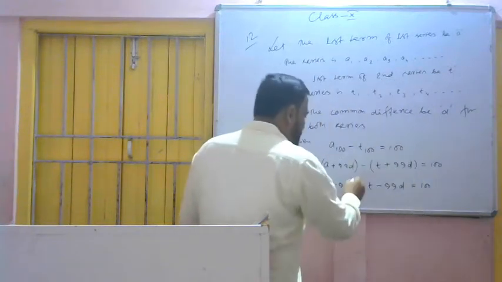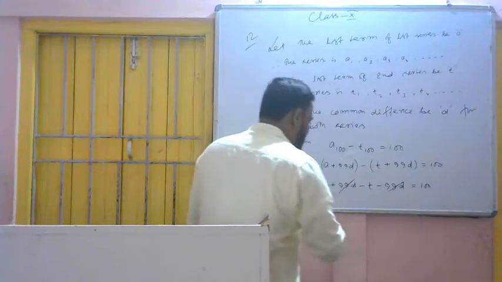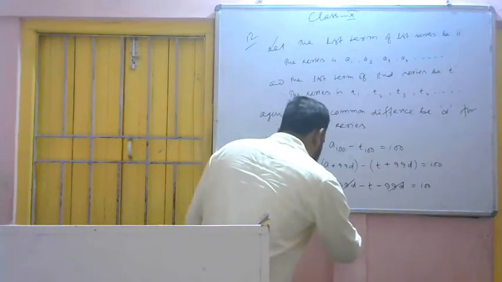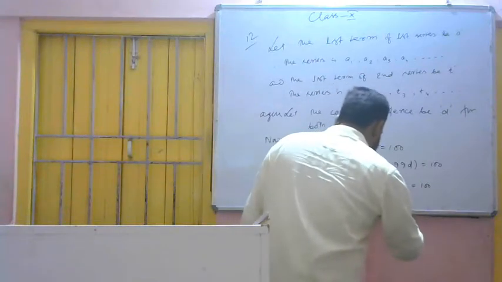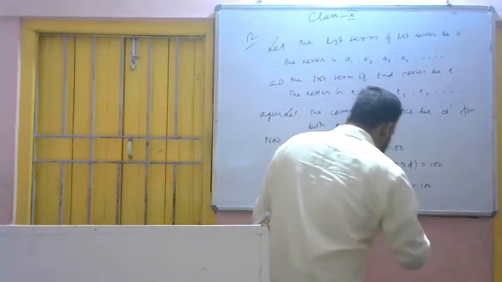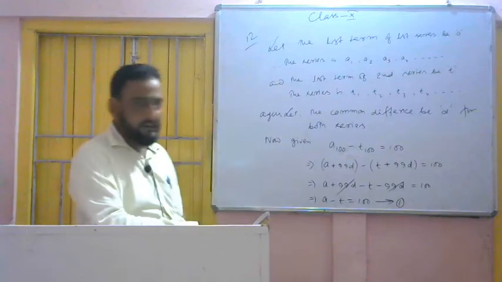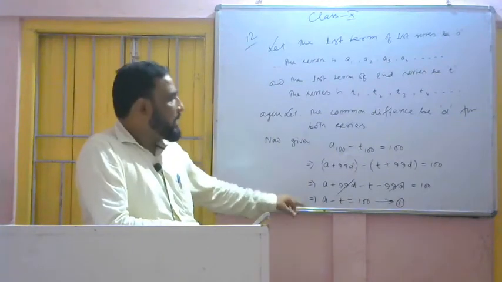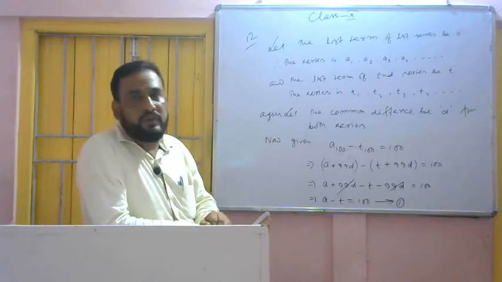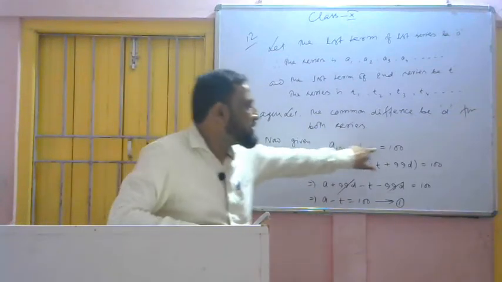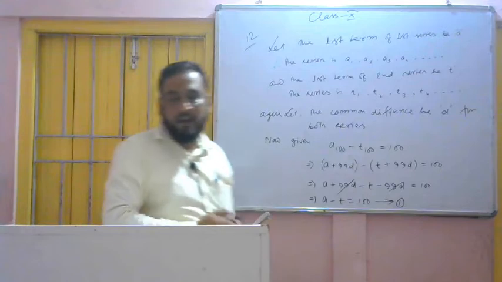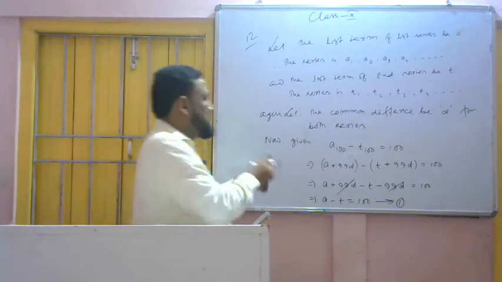Now 99d and 99d get cancelled, then a minus t is equal to 100. This is termed equation number 1, and it will be used later. Now we have to find the difference between their 1000th terms, while the difference between their 100th terms was given as 100.